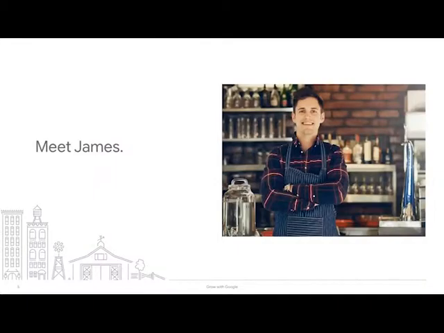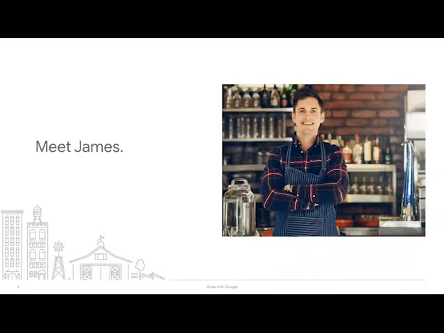So we're going to follow James along on his journey of how he explored data in his small business. James owns a pizza restaurant, and his passion was making pizzas and being a cook and coming up with great recipes and coming up with a wonderful restaurant concept that people would enjoy coming to and being at.